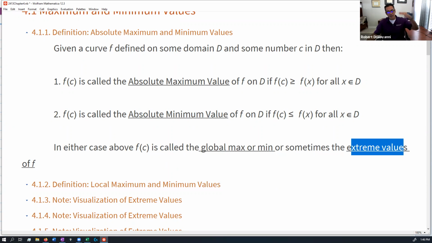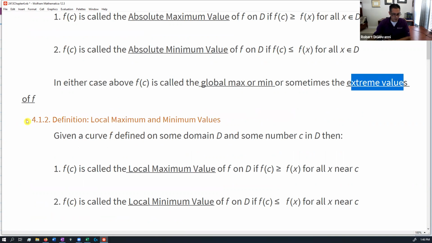Think of absolute max as king of the mountain, king of the hill, king of all hills. It's one thing to be the king of your hill, but to be the king of all hills means you're the absolute maximum. To be the absolute minimum means you're the lowest point in the valley out of all the valleys on the function. We'll see it in the picture here in just a moment.